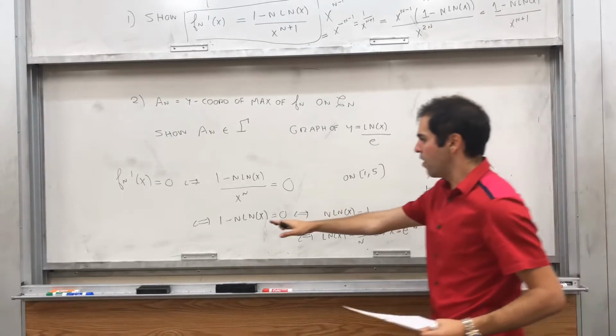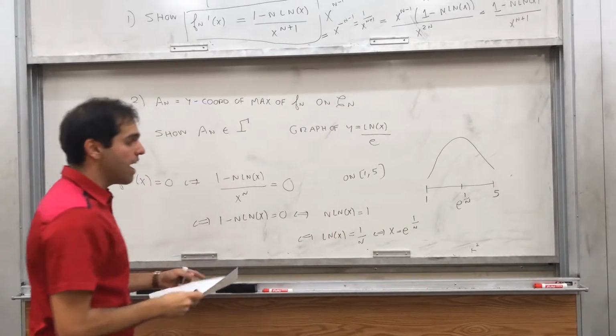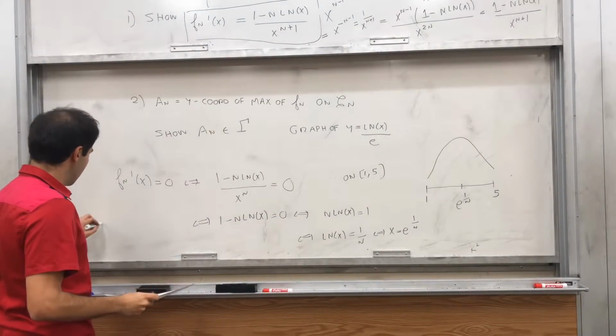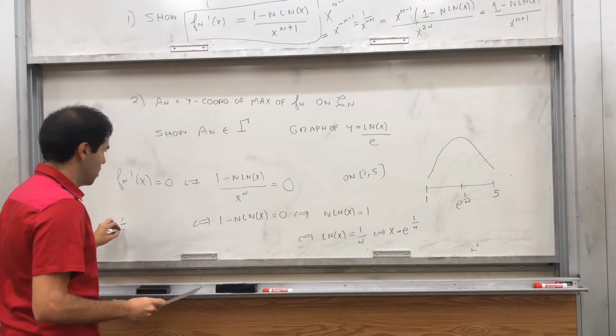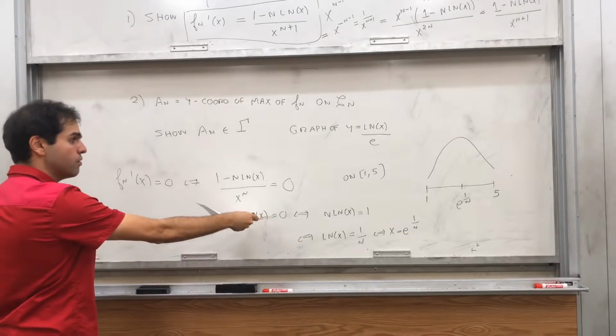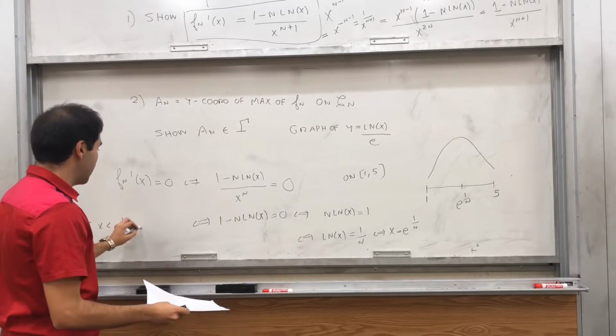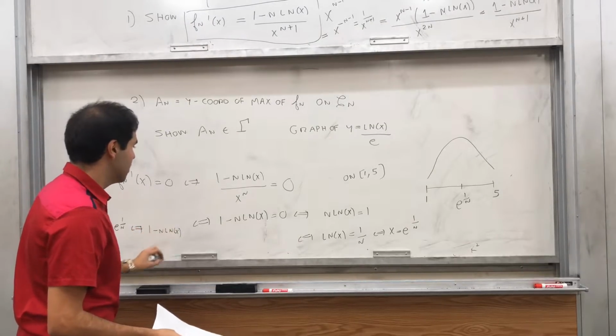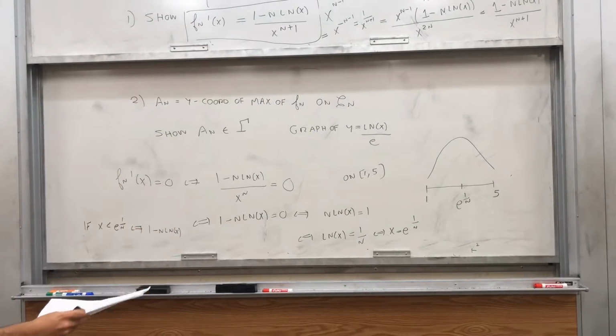But we do have this nice thing. Notice this part, if x is less than e to the 1 over n, then you can do the same thing, and you get that 1 minus n ln of x is actually, I think, positive.